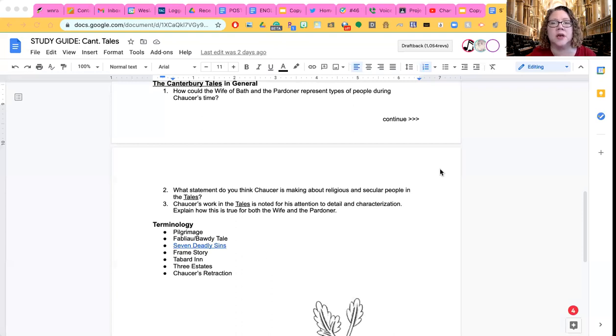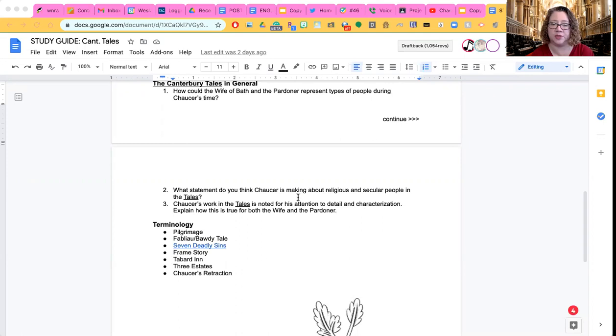Okay, here's the retraction. It's on page 358 of your PDF. Sorry, I didn't know the page number off the top of my head. So you can see that in it, he basically says, if anybody's offended, I'm sorry, and I take it back, which you can't really do. You already wrote it. But he says, I have these works and they have these sins in them, and for the salvation of my soul, don't take it as a representation of my work.